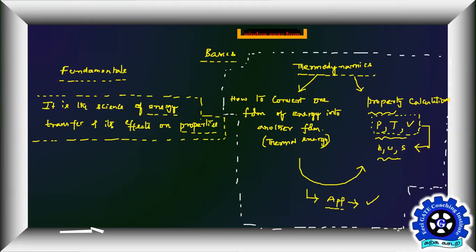Most engineering departments read thermodynamics as a very important course, because any engineer who wants to play with conversions of thermal energies and their property values should know thermodynamics. Any system they are designing, inventing, or claiming to be a new kind of system that works on thermodynamics principles, they should know parameters like energy transfer, and the second thing is property calculation.